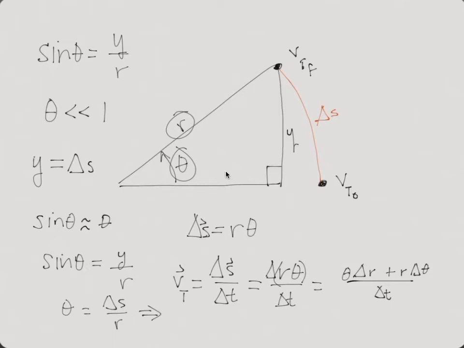So there will be no change in R, so this piece is just going to go to 0. So we end up with R delta theta over delta T. This is our relationship to the tangential velocity.